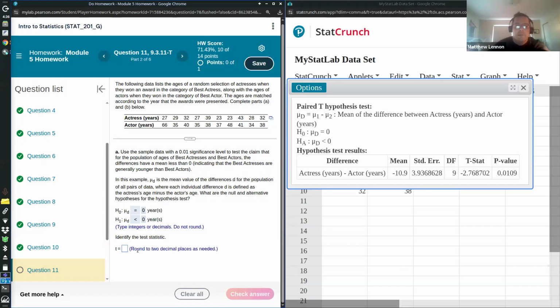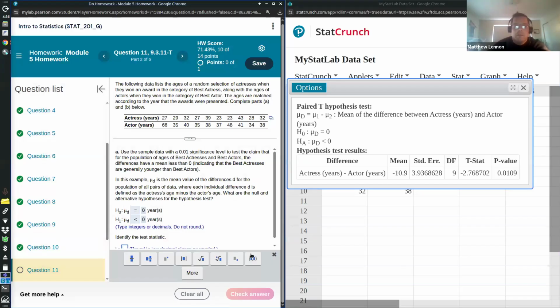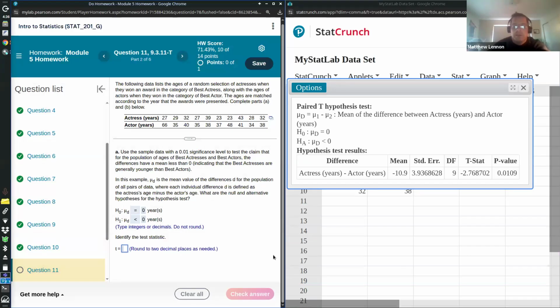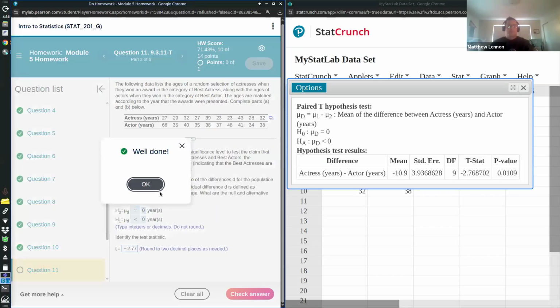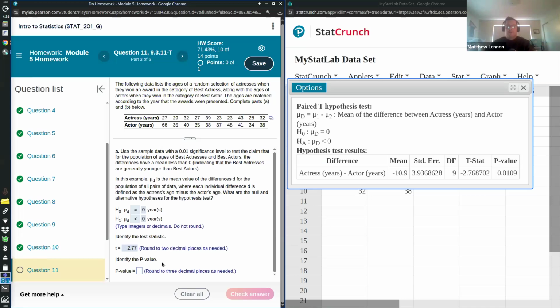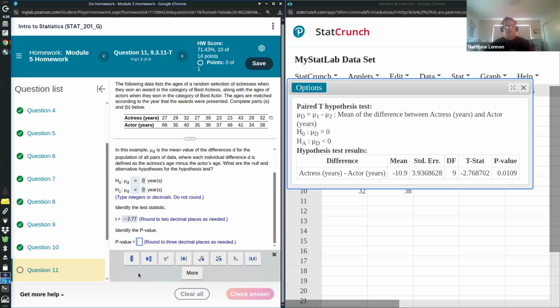And then do our t-stat. Minus 2.77. I was rounding wrong. Excuse me, my 8 bumps the 6 up to a 7. P-value 0.011 if I round.